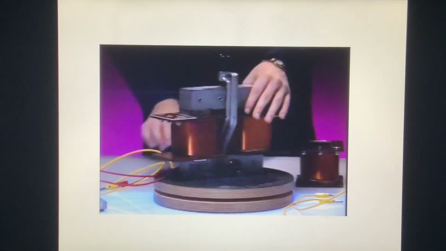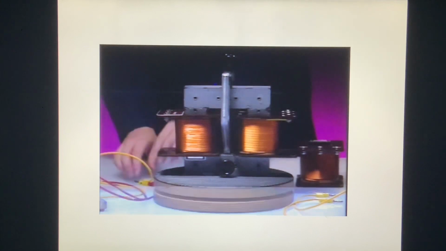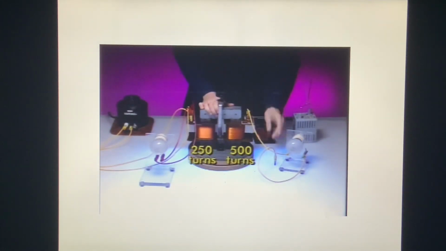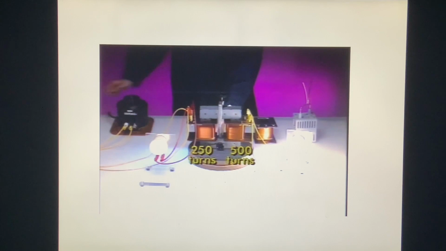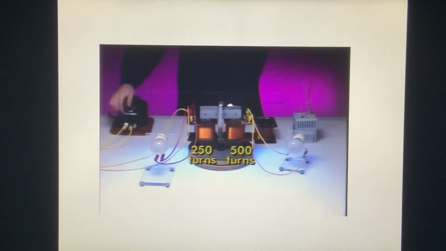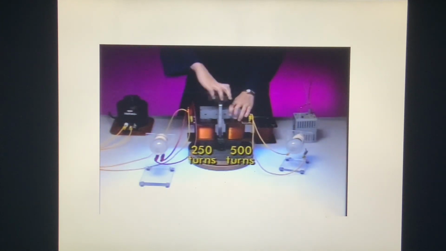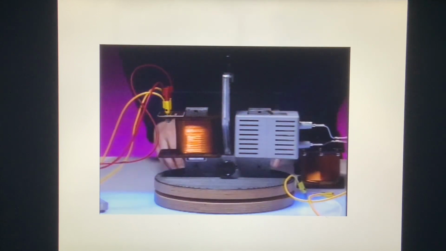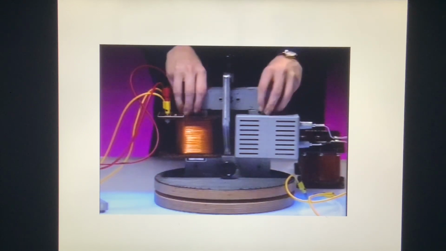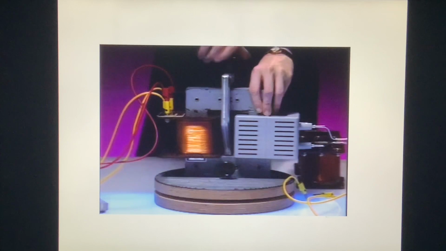If we turn the transformer around so that the 70-volt input goes into the 250-turn coil, the bulb on the 500-turn coil is much brighter due to the 140-volt output of the coil. Finally, we'll place this 10,000-turn coil on the iron core to show the high voltage developed due to the large number of turns.